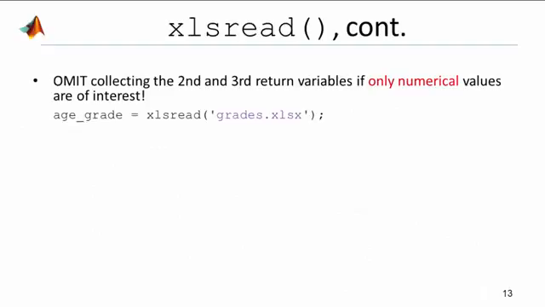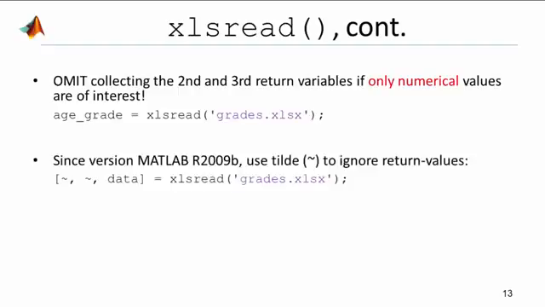Think about programming. If you don't need the string and the raw data, don't collect it. It will use memory. If you don't need it, then don't collect it. No one is forcing you to collect the second and third return values. The opposite is somewhat untrue. If you need the raw data, and only the raw data, there is no way to skip over part 1 and part 2.